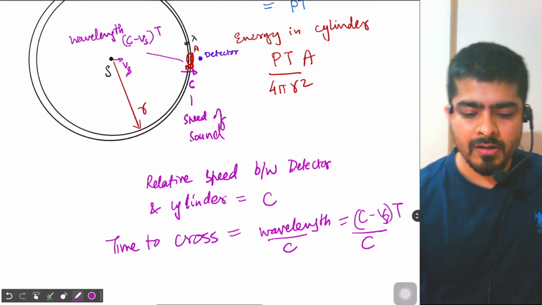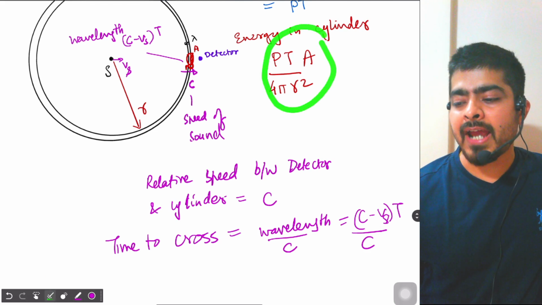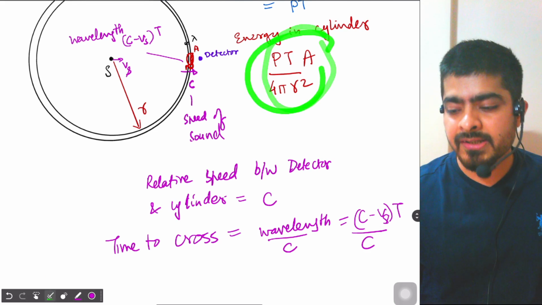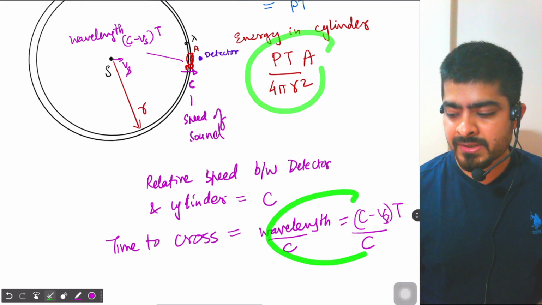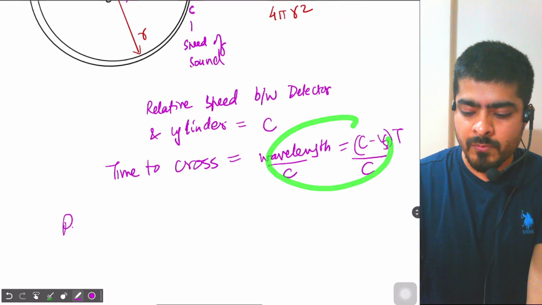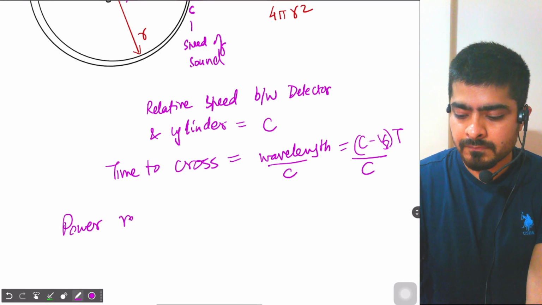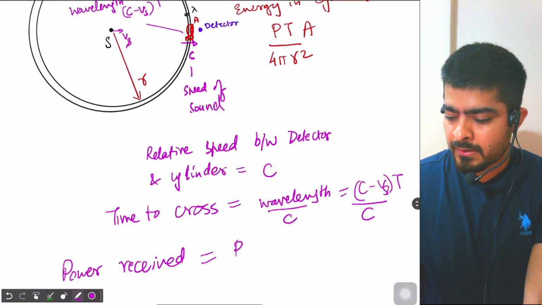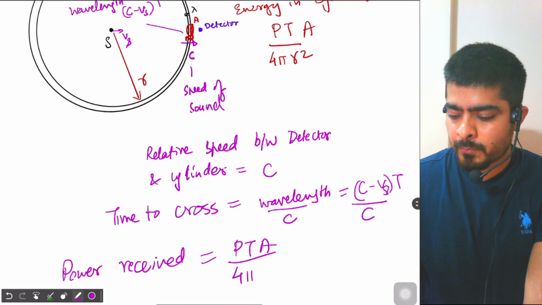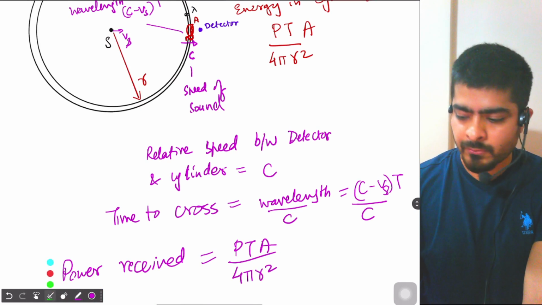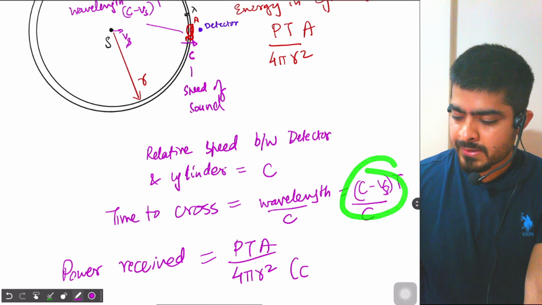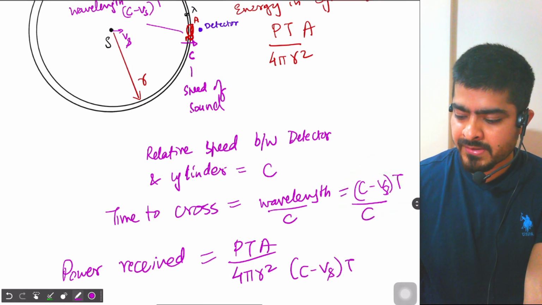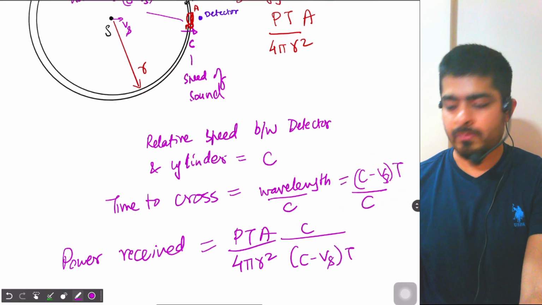Again this is the energy in the cylinder, so this much energy has crossed the detector in this much time. So power received by detector will be, we use the same formula, PTA by 4 pi r square divided by time to cross. So C minus Vs times time period and C in the numerator.